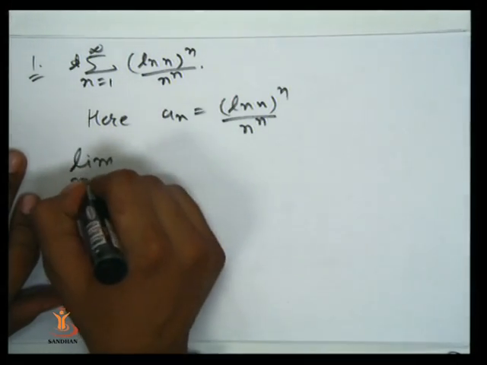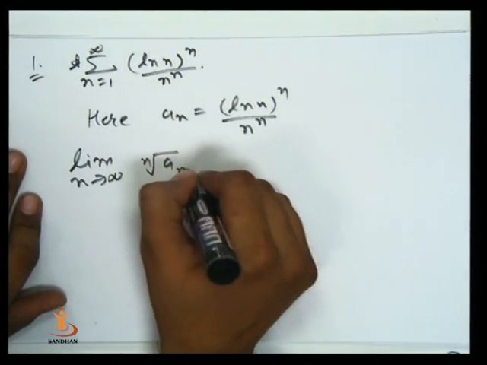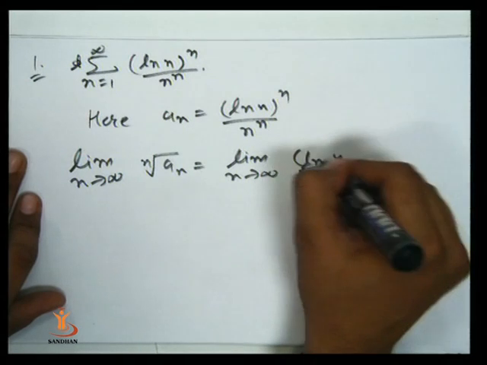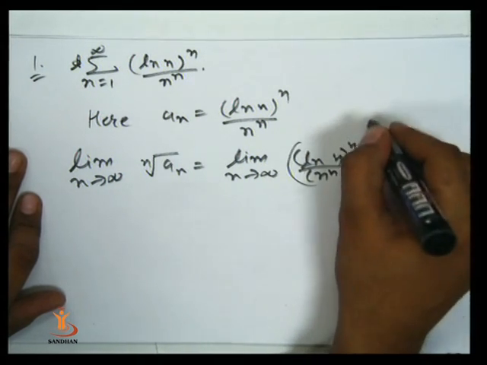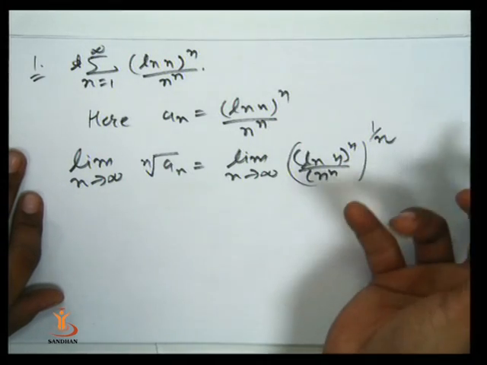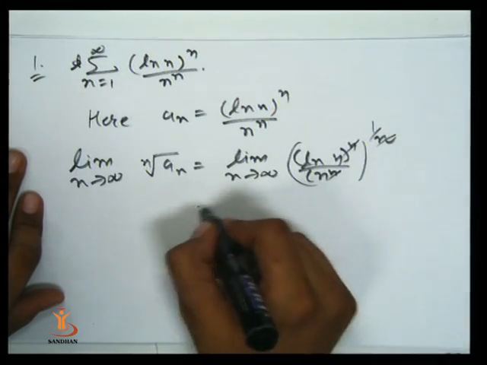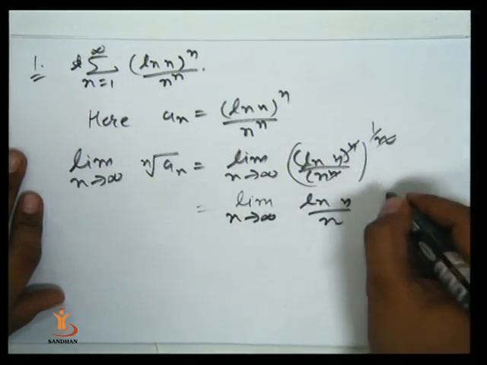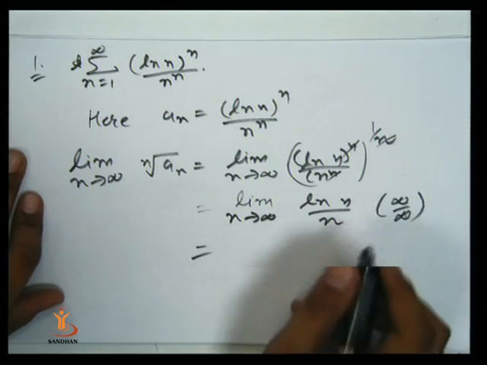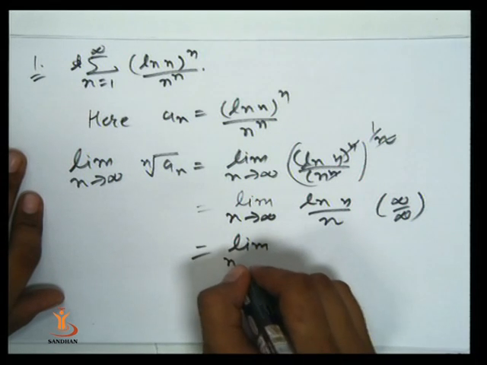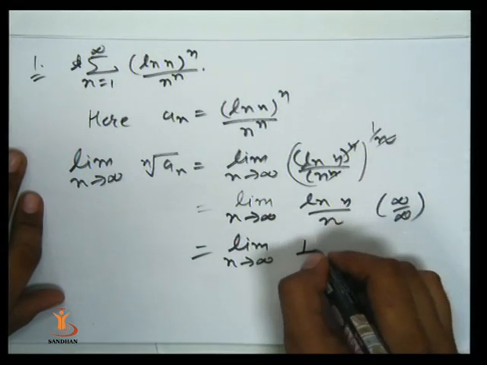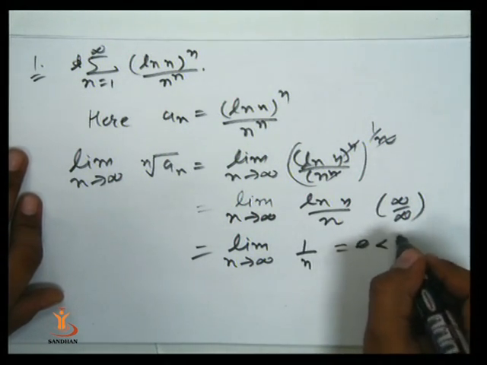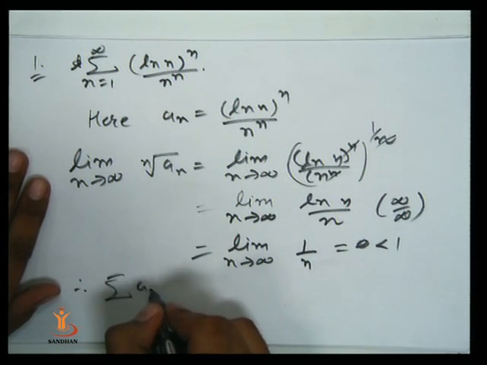Now the limit as n tends to infinity of the nth root of a_n is nothing but the limit of ((ln n)^n upon n^n) whole raised to 1 by n, because the nth root is nothing but power 1 by n. The n's will be cancelled out and we get the final limit as the limit as n tends to infinity of ln n upon n. Again we have an infinity by infinity form, and so by L'Hopital's rule, we get the derivative of ln n as 1 upon n and the derivative of n as 1, and this value is nothing but 0, which is less than 1. Therefore summation a_n converges.